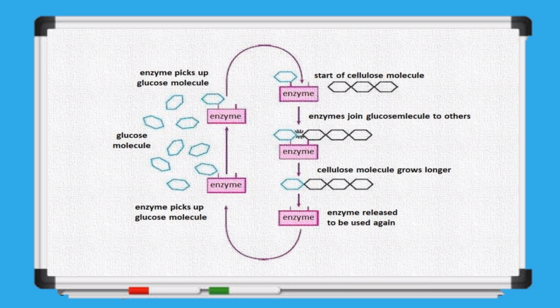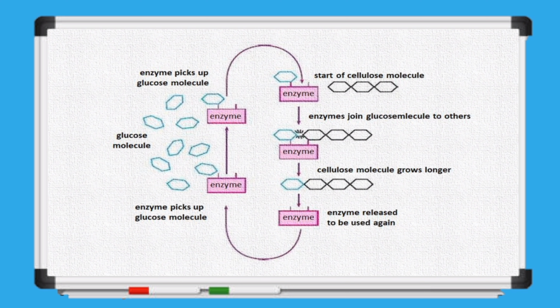It shows a cycle that's a great example of how enzyme specificity works, especially in the case of building cellulose. We start with individual glucose molecules, which are the building blocks. Now in step 1, we see an enzyme, highlighted in purple, picking up a glucose molecule. This is important because enzymes aren't just picking up any random molecule, they're very specific.